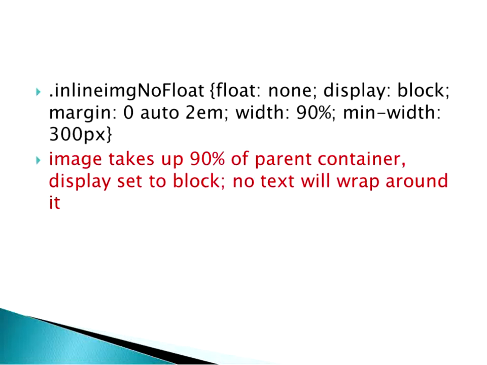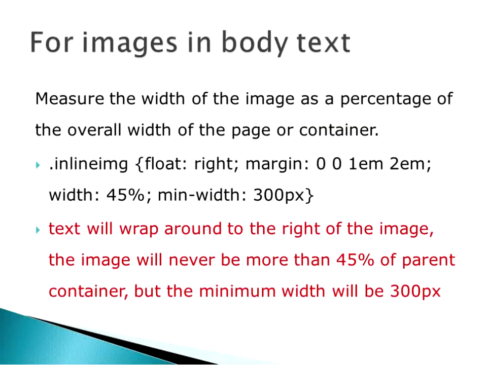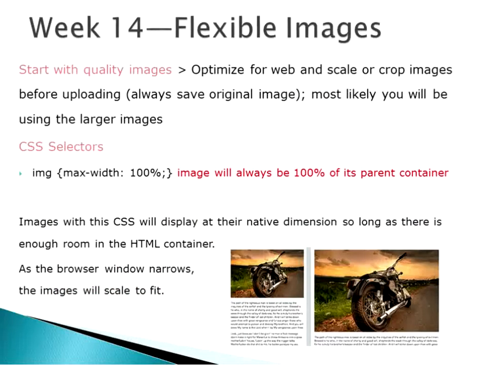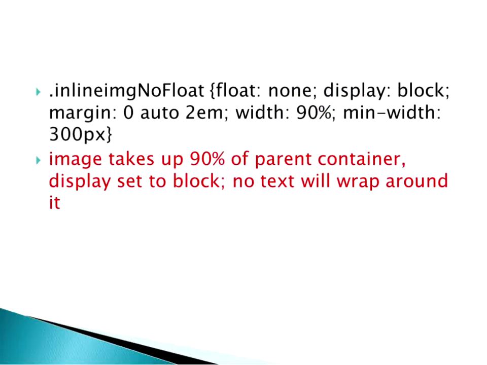So again, you can choose to create another class selector, and this time it's inline image no float. So remember back here, we created inline image that would float text around it.